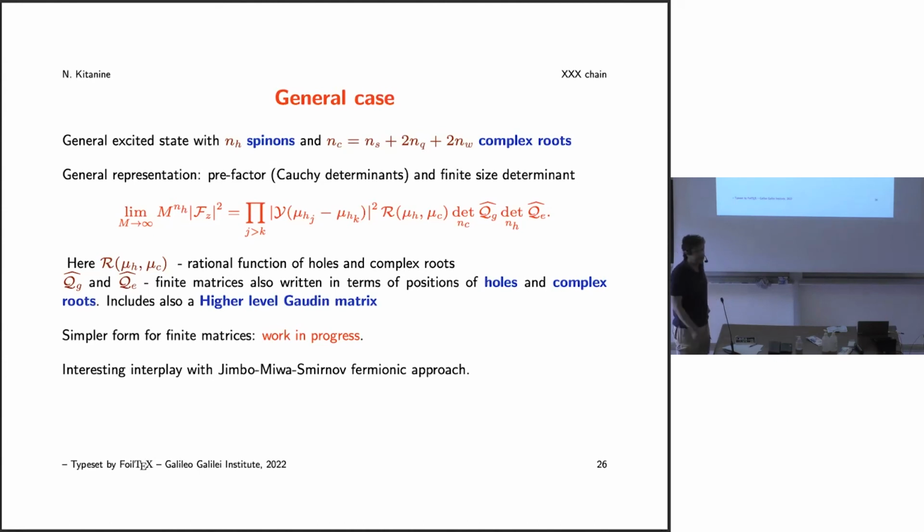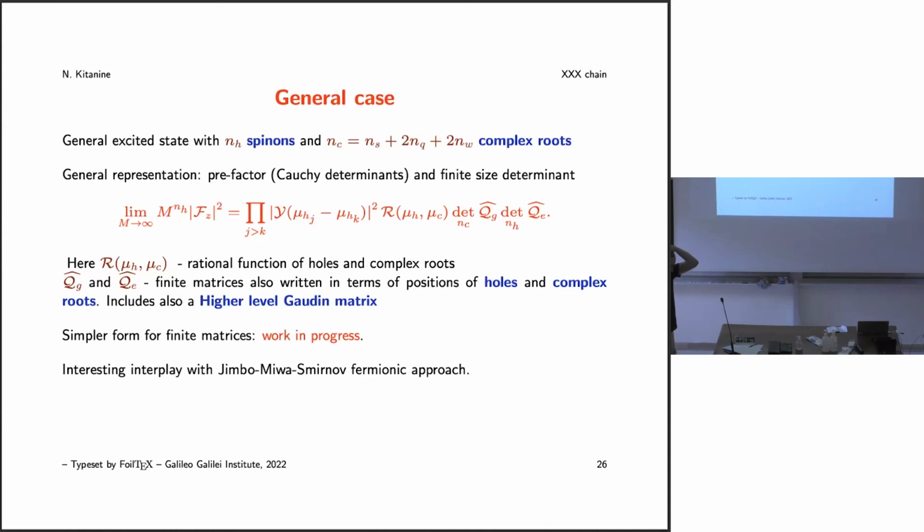I would like to simplify it a bit, because expressions for this determinant now are quite complicated, but I'm sure that it's possible, but that's work in progress. But anyway, what is done is we have everything in terms of this finite data now. So that's something we know how to do.